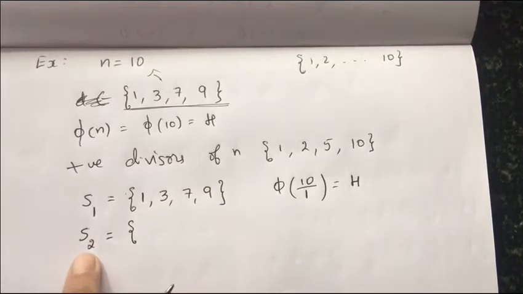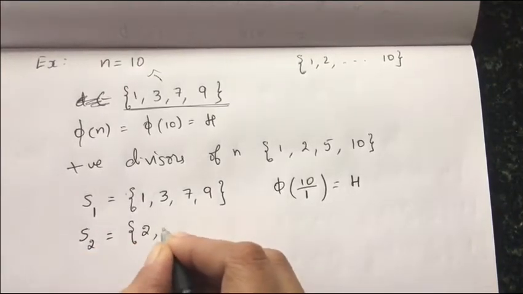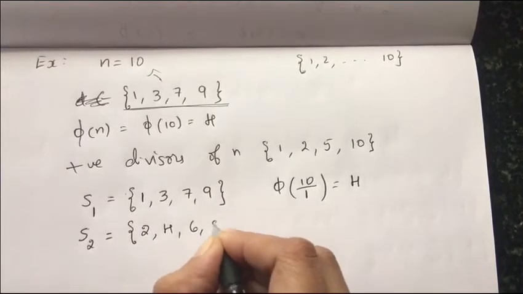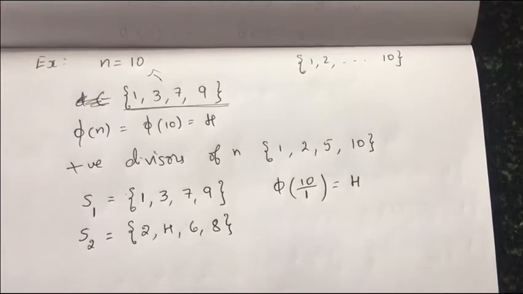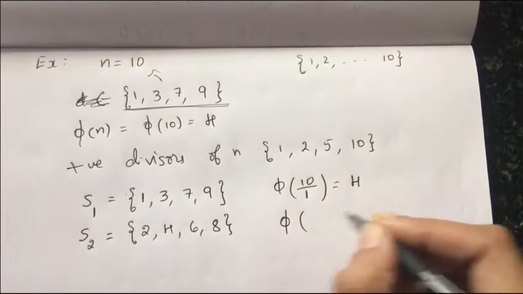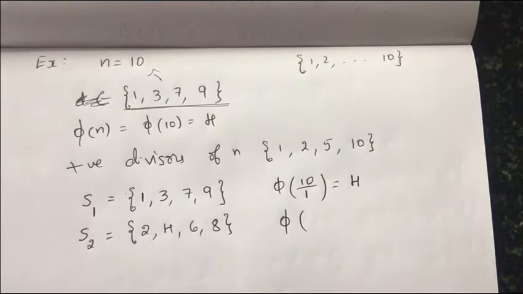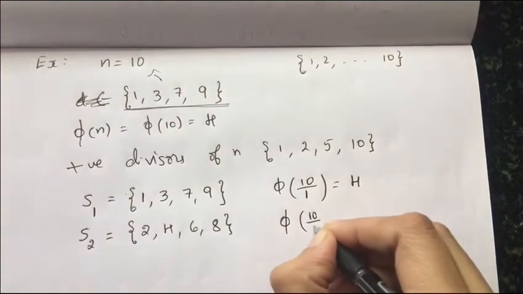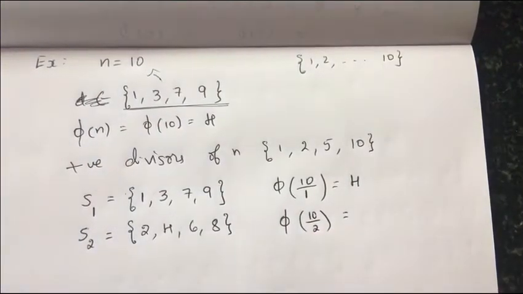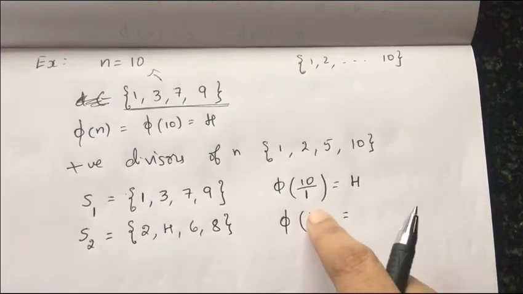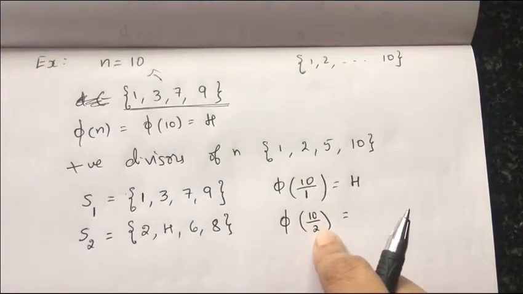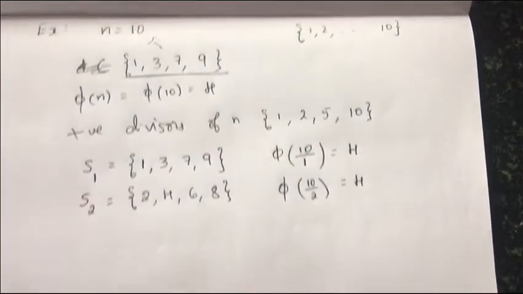We'll take up S2, the set of numbers which are less than 10 and give you GCD 2: 2, 4, 6 and 8, right? Now take the number of integers not exceeding 10 by 2 that are relatively prime to n by D. So this is 10 by 2, it's 5, and it's 4 again, right?